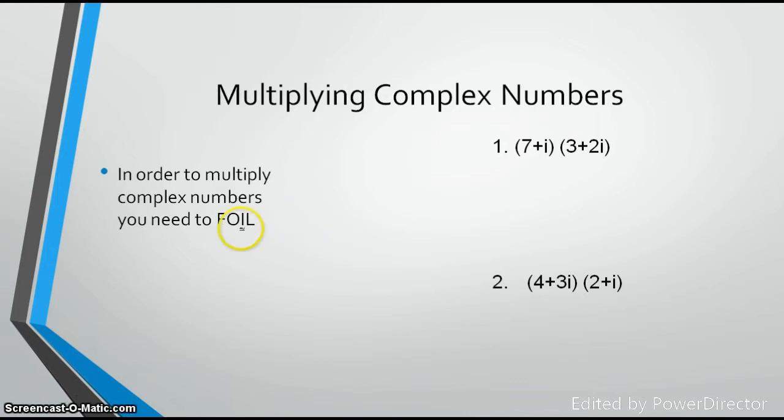Multiplying complex numbers. In order to multiply complex numbers, you need to FOIL. FOIL stands for first, outside, inside, and then last. So first thing you need to do, 7 times 3 for first, which gives us 21.